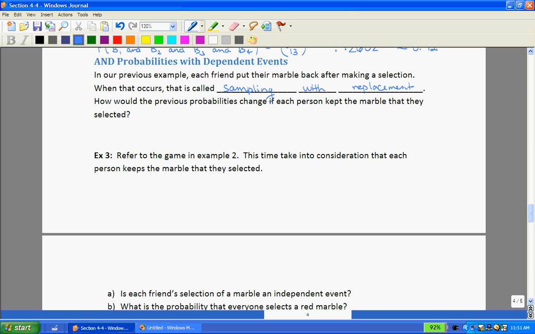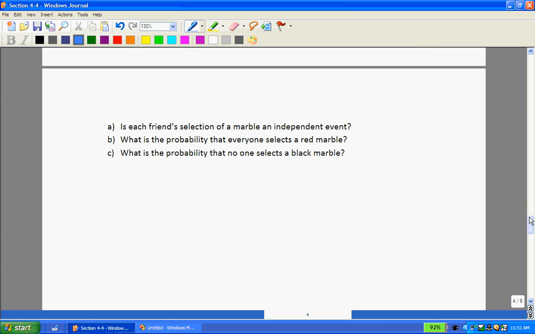So we're going to go back to that game in example 2, this time taking into consideration that each person keeps the marble that they select. And we have pretty much the same questions. A, is each friend's selection of a marble an independent event? Well, now that they are keeping the selection, it changes what's going to happen on the next person's turn.